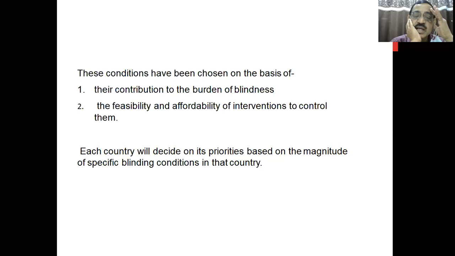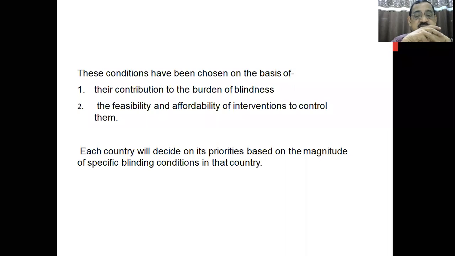These conditions have been chosen on the basis of their contribution to the burden of blindness in a particular community or country, and the feasibility and affordability of intervention to control them.